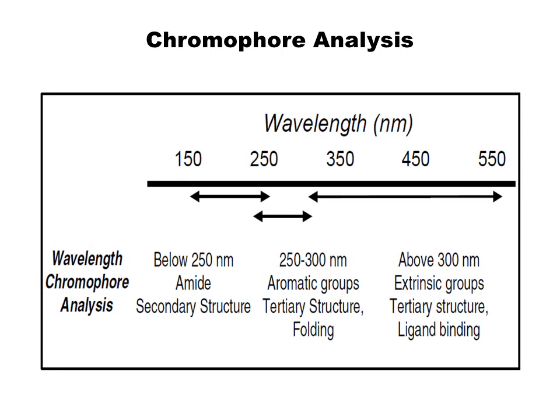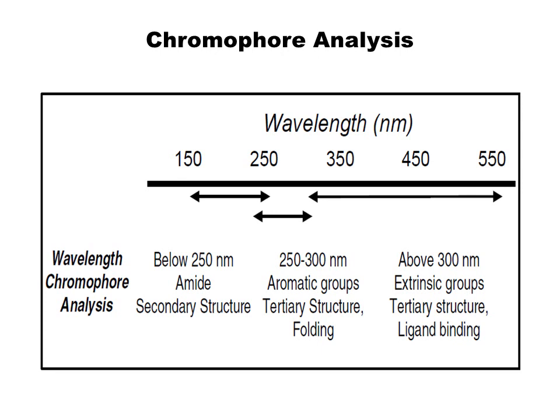The other thing that's quite useful is chromophore analysis. You'll see that below 250 nanometers, the chromophore you're identifying is the amide, which is a secondary structure. Between 250 and 300, you're looking at aromatic groups, which is tertiary structure or folding.